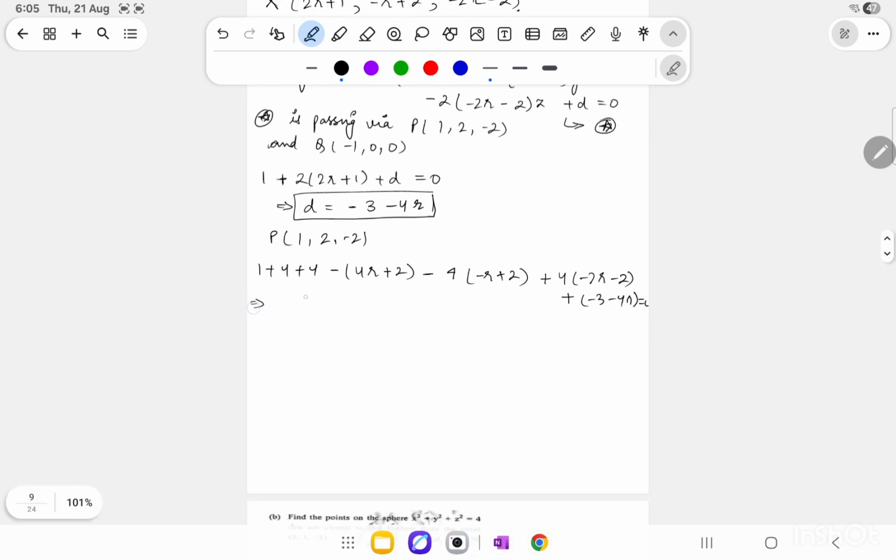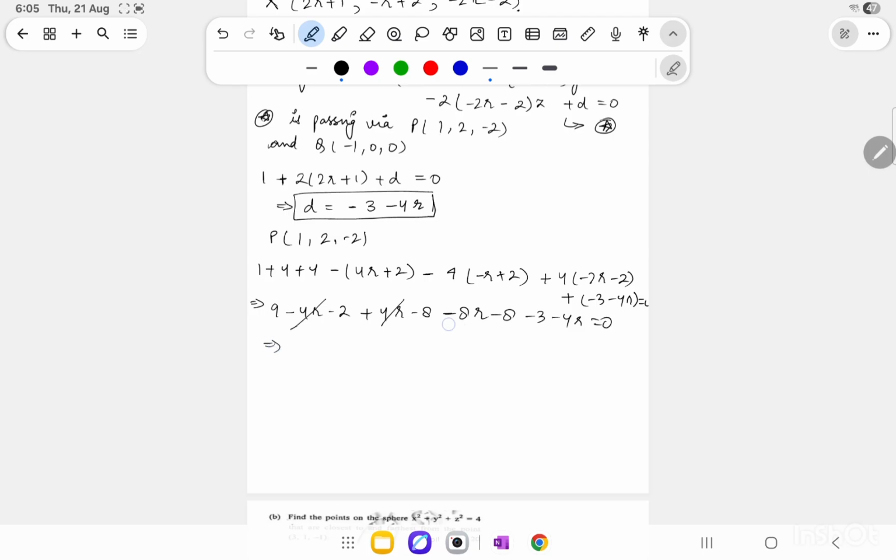If I simplify it, I'll get 9 - 4r - 2 + 4r - 8 - 8r - 8 - 3 - 4r equals to 0. I can just simplify it and see what I get.